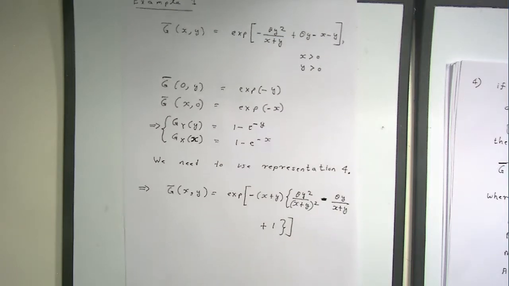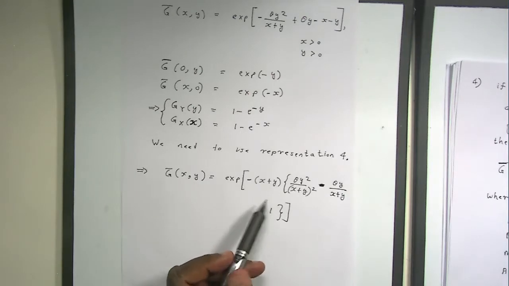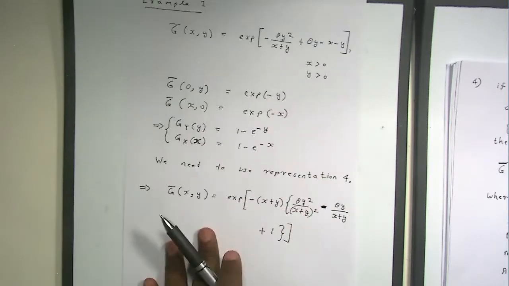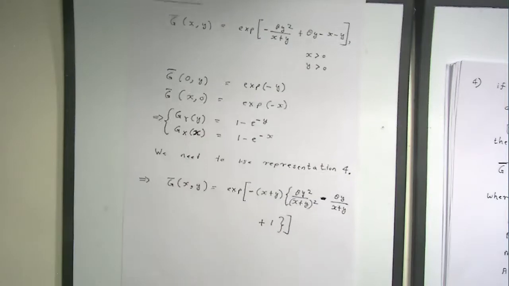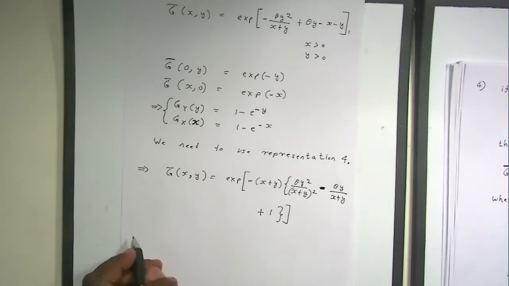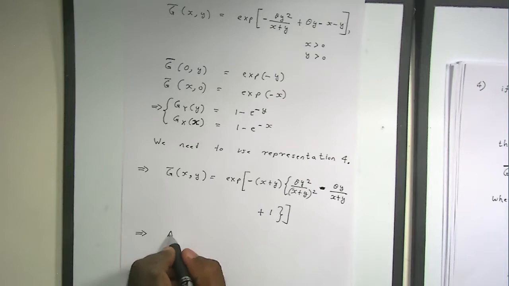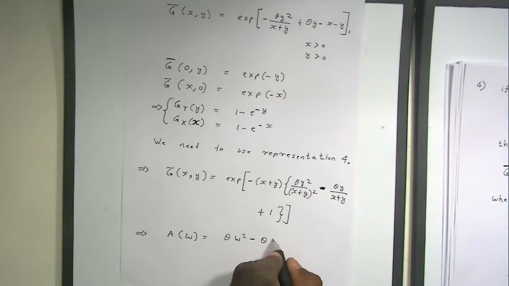That's it. You see what I've done? I took x plus y outside over here, so this guy here becomes this. So now if you look at this form again, what can you say about A? This implies that A of omega must be theta omega squared minus theta omega plus 1.